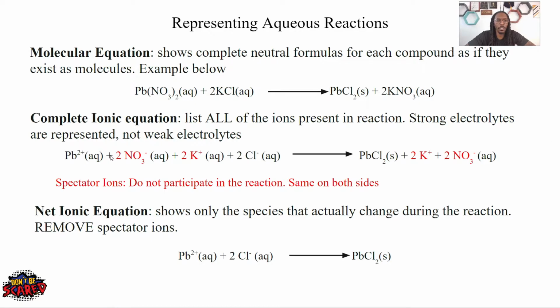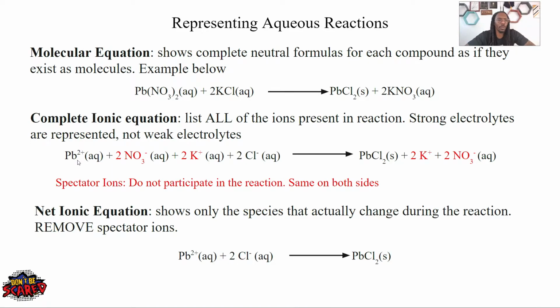So let's look at this example. Before, we had our molecular equation. This is the same exact reaction, but now it's the complete ionic equation. The complete ionic equation will show everything listed as ions. So we're going to take our ionic compounds here, and we're going to show them as ions. So we see our lead, and notice we're going to have our charge with our element.